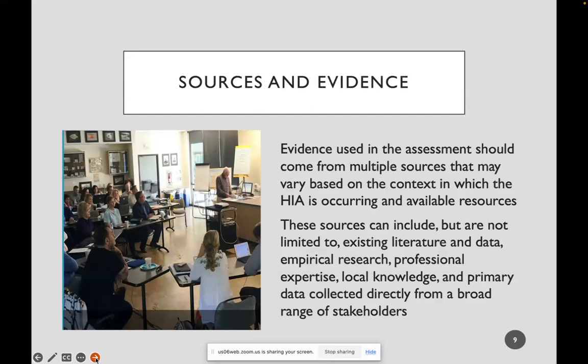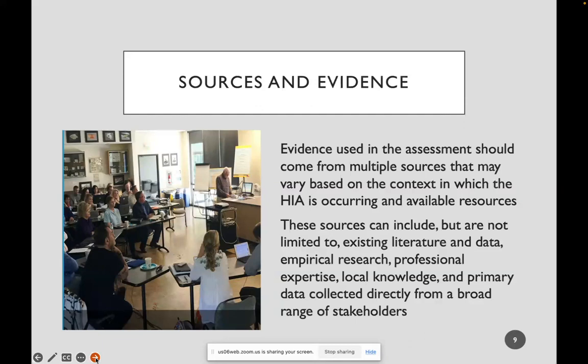The sources that normally researchers who are doing HIAs use are existing literature and data. One of the really great sources of existing impact data is not just to be found in the peer-reviewed literature, although that is certainly a great place to start, but looking also at other HIAs and looking at other empirical research and studies, tapping into professional expertise and local knowledge.